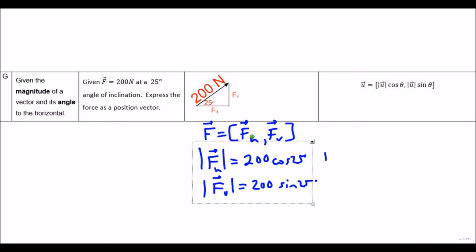That means that vector f is actually equal to 200 cos 25, in my calculator is 181.3. I'm going to have here 181.3, comma, and then 200 sin 25 is equal to 84.5. And again, notice I could have done this just using the algebraic formula right there.